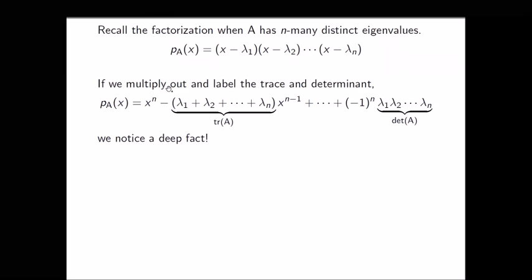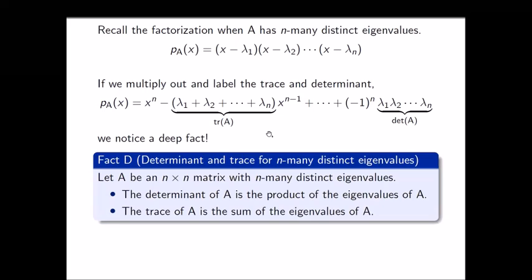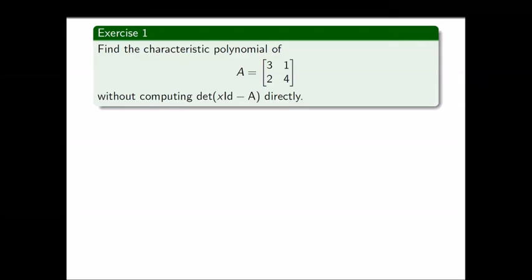If we actually multiply them out and look at the trace and the determinant, we would get that the determinant of A is just the product of all the eigenvalues, and the trace of A is just the sum of all the eigenvalues of A. So this can be extended to all square matrices by counting eigenvalues with multiplicity, as I said earlier, but we're going to talk about this in the future. Okay, so let's move to the exercises now.